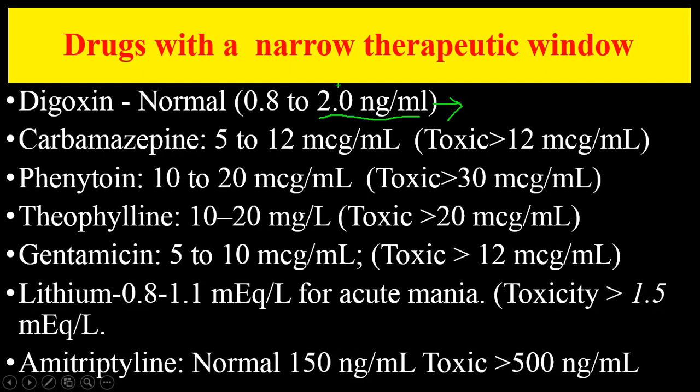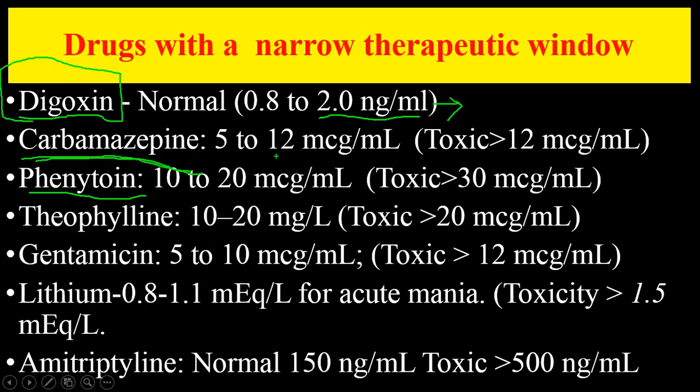But if the same tablet is taken by a thin person, then it might get poisonous to him, isn't it? Because above 2 nanogram per ml, it might get toxic. So this digoxin and many other anti-arrhythmic drugs, arrhythmia I told you before, are considered narrow therapeutic drugs.